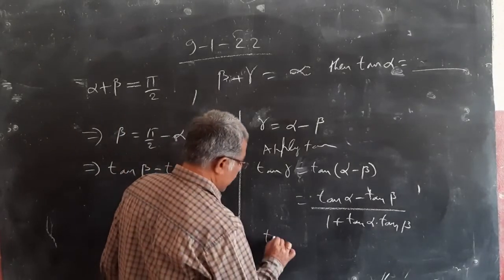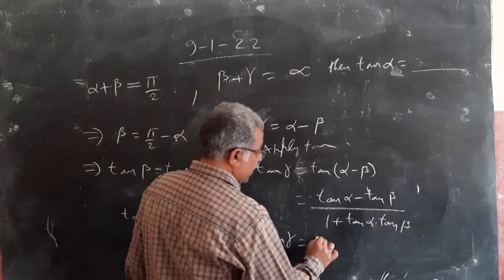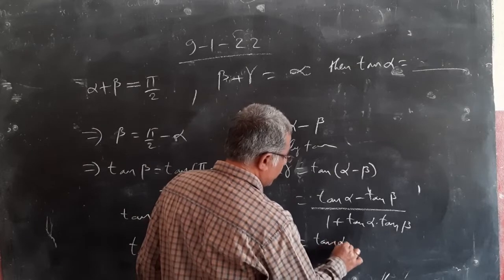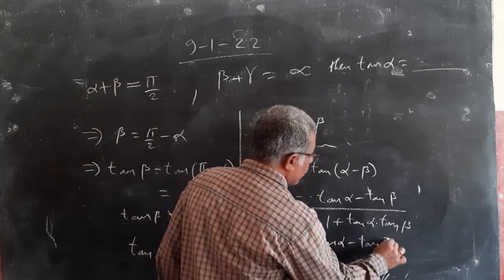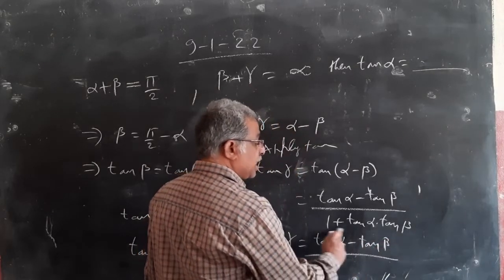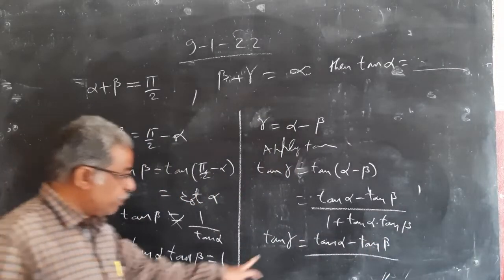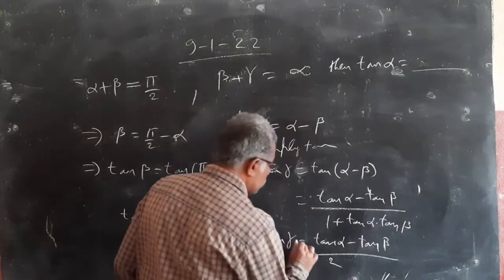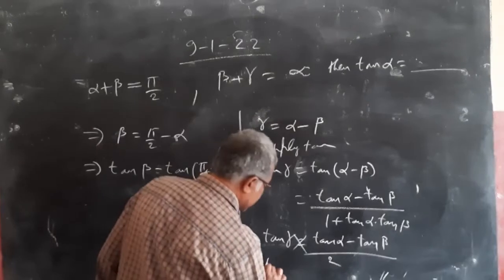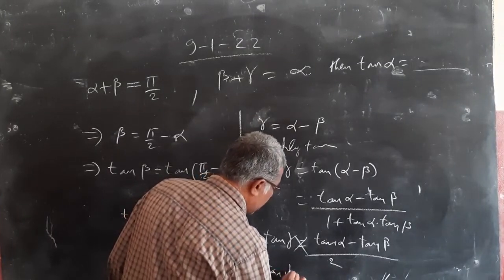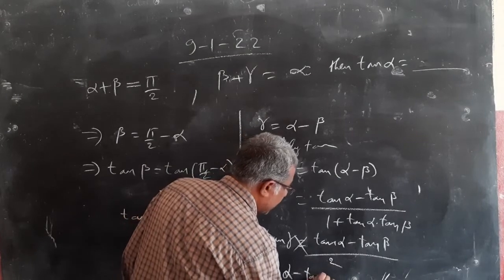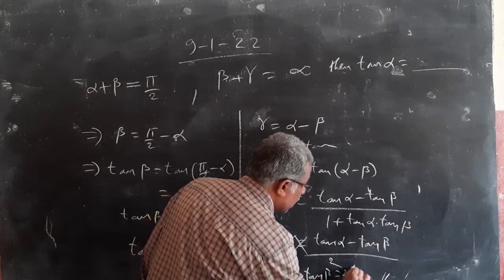So tan gamma equals tan alpha minus tan beta by 1 plus tan alpha tan beta, which is again 1. So 1 plus 1 becomes 2. By cross multiplication, I will get tan alpha minus tan beta equal to 2 tan gamma.